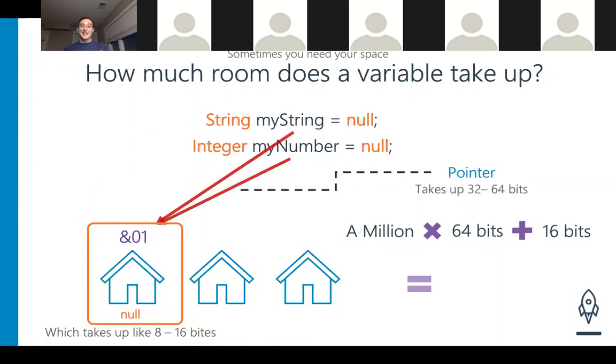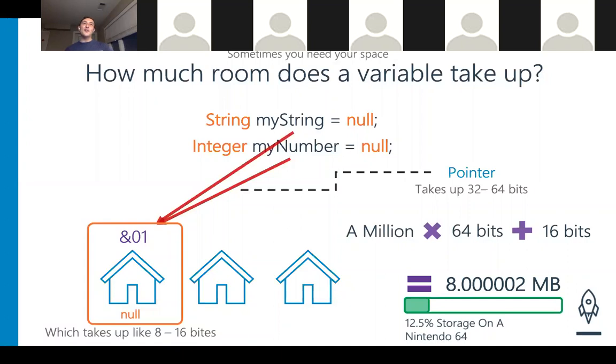What that equals is 8.00002 megabytes. So a giant application with just 1,000,000 variables set to null would take up about 12.5% of storage capacity on a typical N64. So that exactly is how much space a variable takes up, and if we had 1,000,000 variables, that's how much space it would take up.